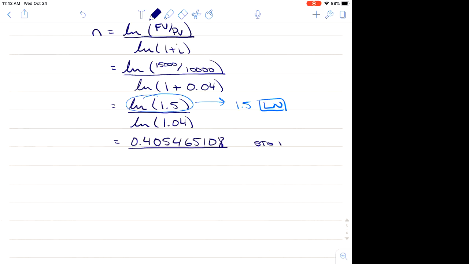Divided by 1.04, and the log of that, 0.039220713. I'll store this in 2, just so I have it. You're better off storing than not storing stuff, even if you don't use it.